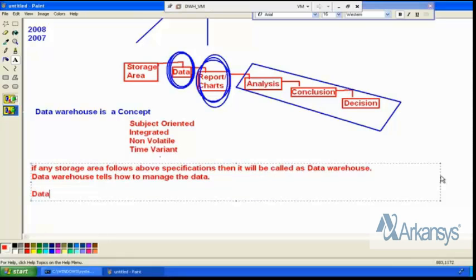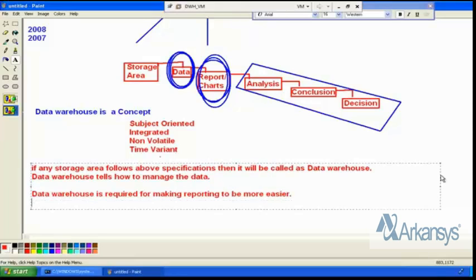So data warehouse is required for making the reporting easier.